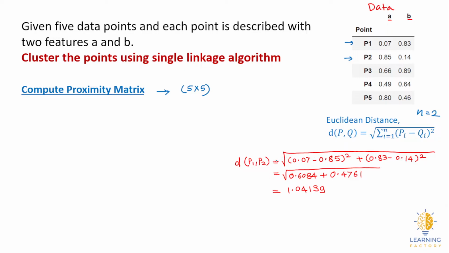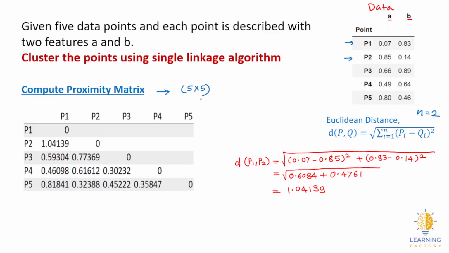This will give us the Euclidean distance. So the Euclidean distance between P1 and P2 can be computed as 1.04139. This is how we need to compute the distance between every pair of data points.